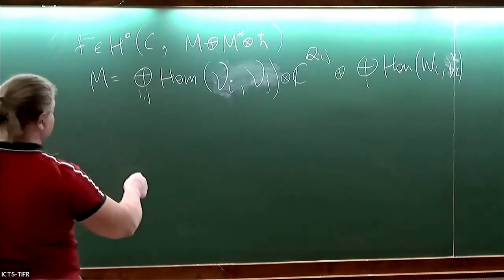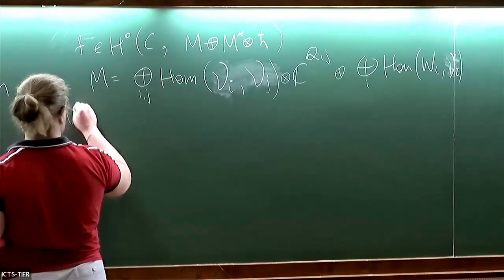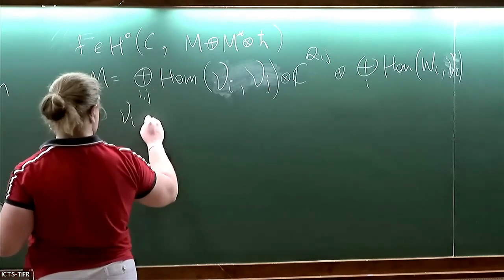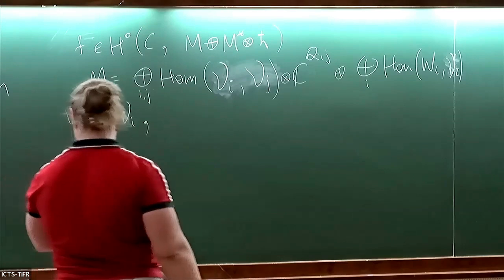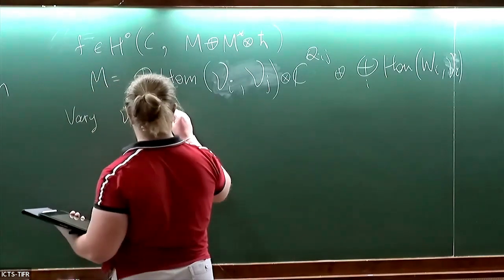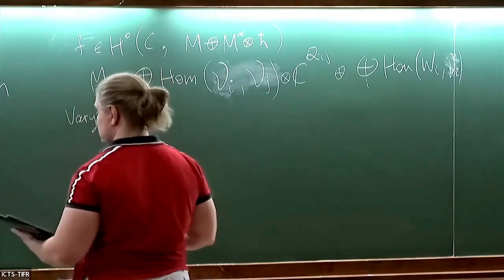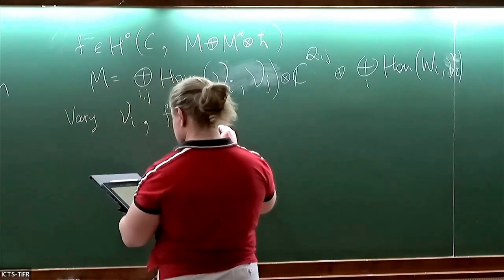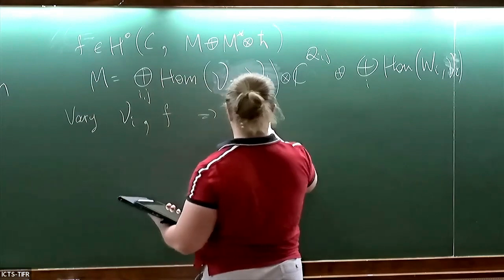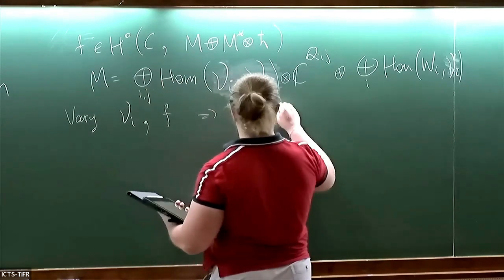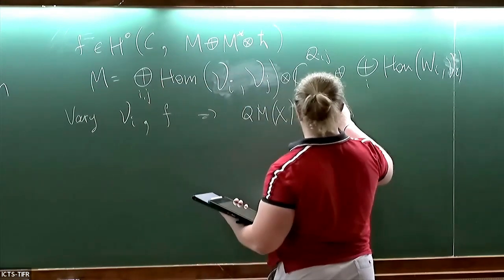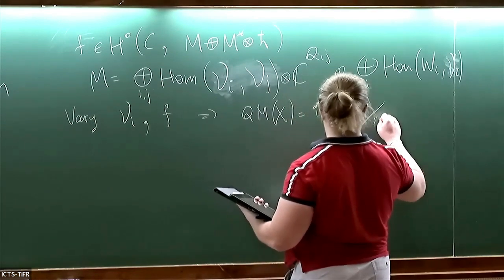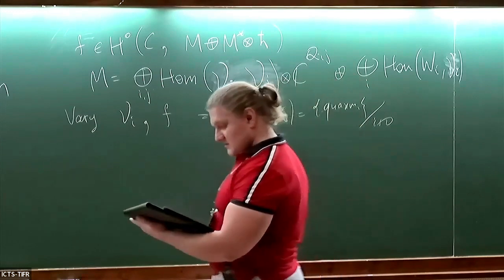So as you vary the data of these bundles V_i and also the data of the quasi-maps f, you get the moduli space of quasi-maps into X, which are just quasi-maps up to certain isomorphisms.